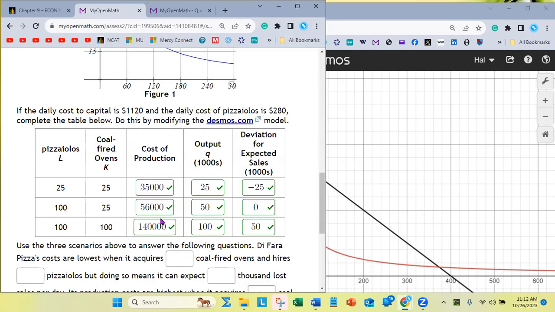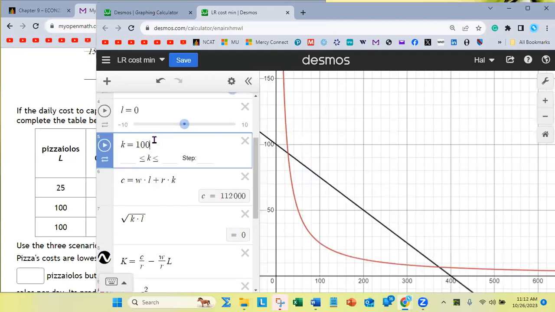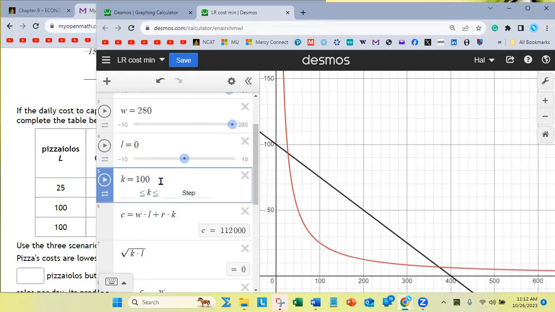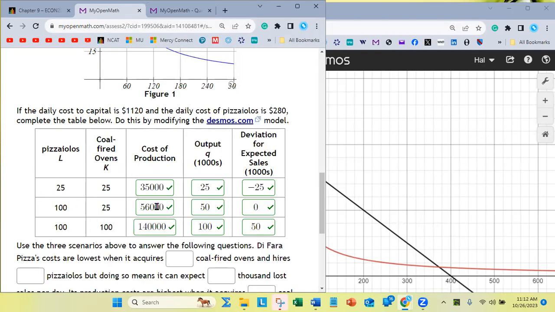See that? So we can't even meet demand. We can't cut labor enough. If this is what we build out, it's going to cost a lot more than having 100 pizza chefs and 25 coal-fired ovens.